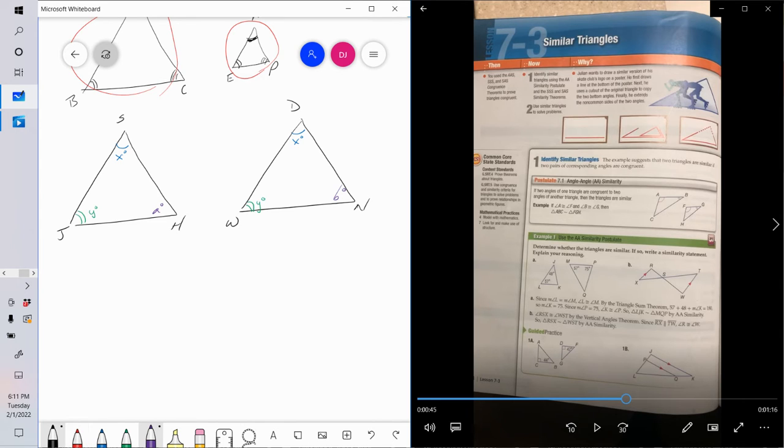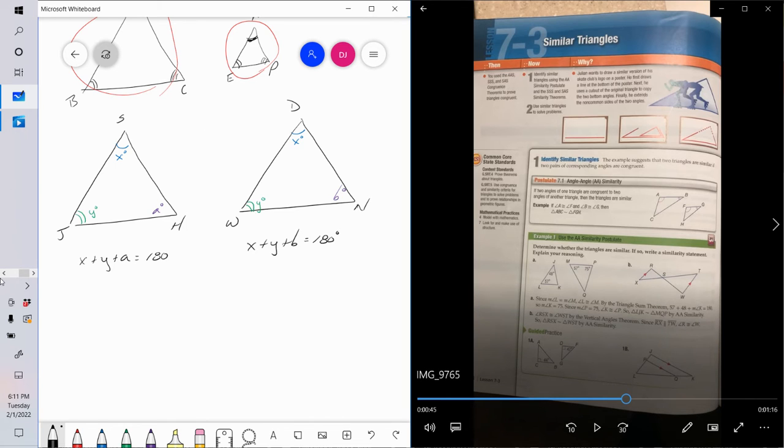In triangle SJH, x plus y plus a degrees is 180 degrees, because the three angles of a triangle add up to 180 degrees. In triangle DWN, x plus y plus b degrees would also add up to 180 degrees.